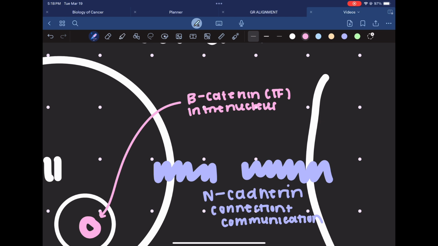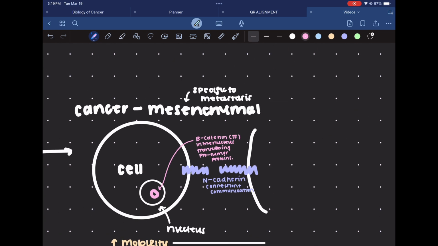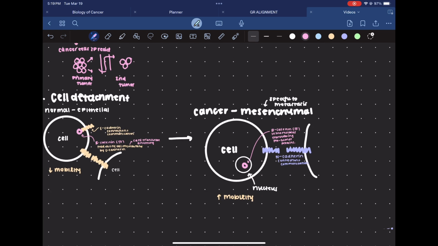This is going to be transcribing things now, so it has its activity back, transcribing. And in particular, it's going to be transcribing pro-tumor proteins. So proteins that are helpful to the tumor, right? Okay, so let me zoom back out.